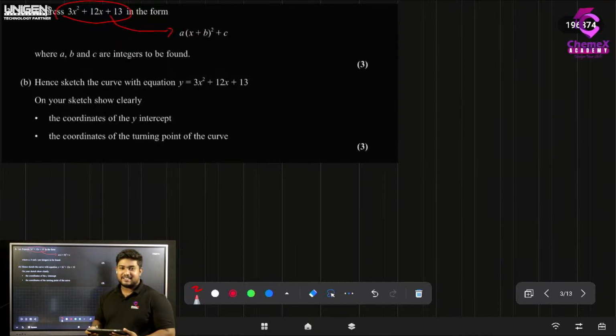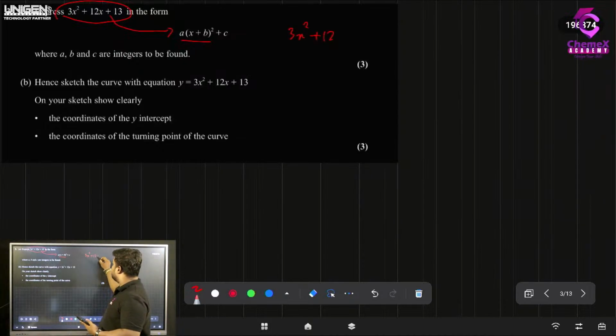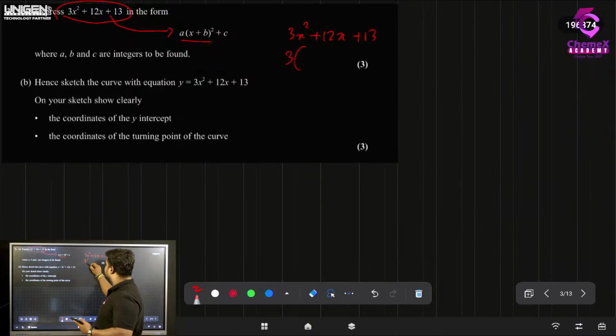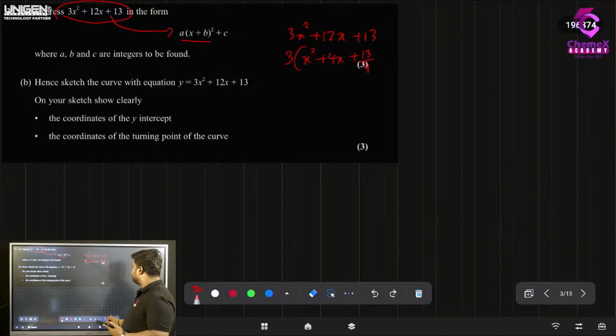Why? Because you can see a bracket. So first write the equation: 3x squared plus 12x plus 13. Then you factorize. You take the 3 out. So if you take the 3 out, what do you get? x squared plus 4x plus 13 over 3.